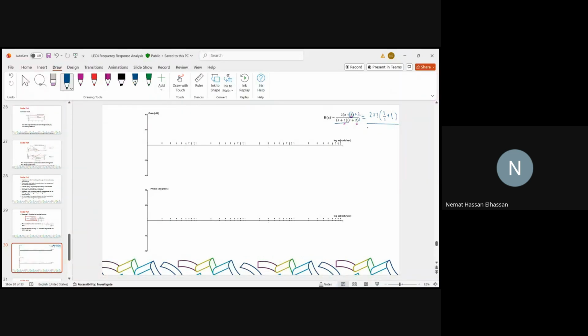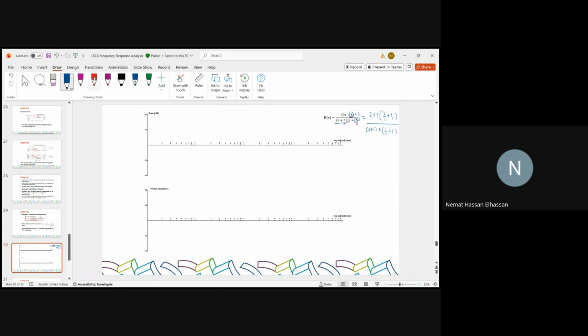And then we'll move to the denominator. S plus 1 is already in form, so I'll keep it. Here we have a 2, so I want to get rid of that 2. So what I will do is multiply and divide by 2, which will give me that this second term is actually a 1.